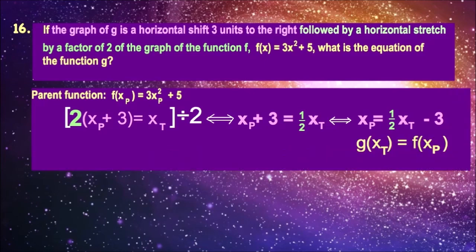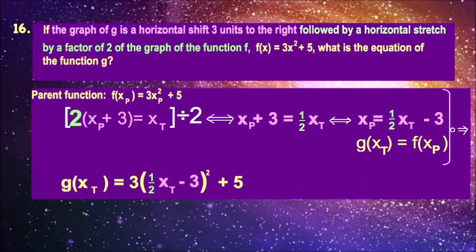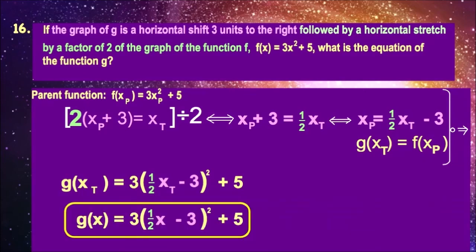G of x transformation equals f of x parent. Thus, g of x transformation equals 3 times the quantity 2 x transformation plus 3, everything squared, plus 5. G of x equals 3 times the quantity 2x plus 3, everything squared, plus 5.